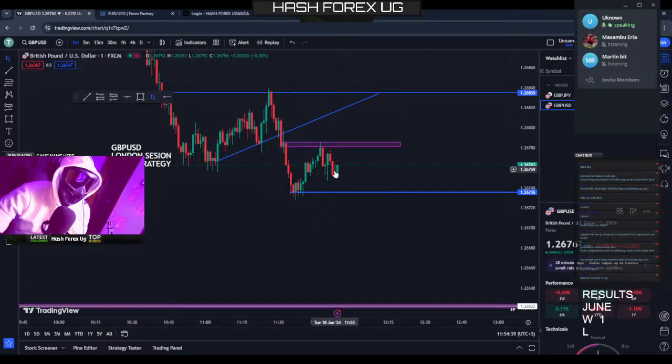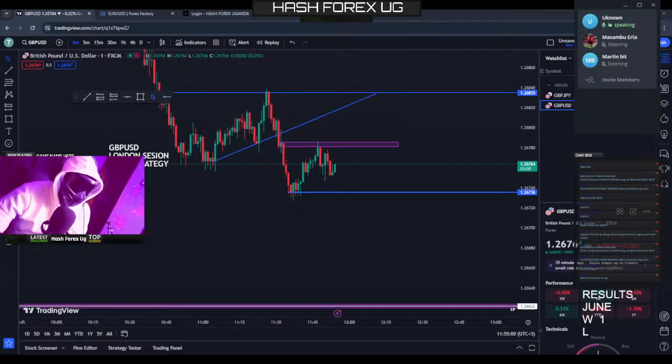So if it closes as a sell, we shall take some sells. Stop loss would be above that wick there, and then our take profit would be that. That's what I would love to see. But if it doesn't happen, then we shall add in some more patience.